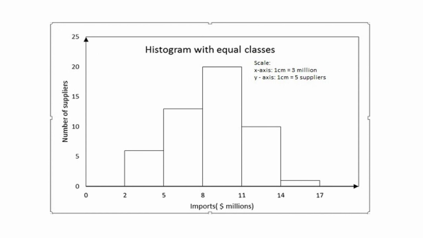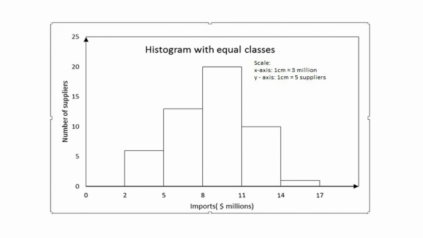Hence, we shall define the scale on the x-axis as 1 centimeter equal to $3 million. The minimum number of suppliers in the given data is 1 and the maximum is 20. Hence, we shall select the scale on the y-axis as 1 centimeter equal to 5 suppliers.